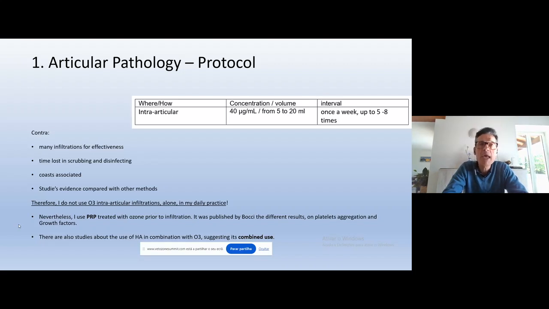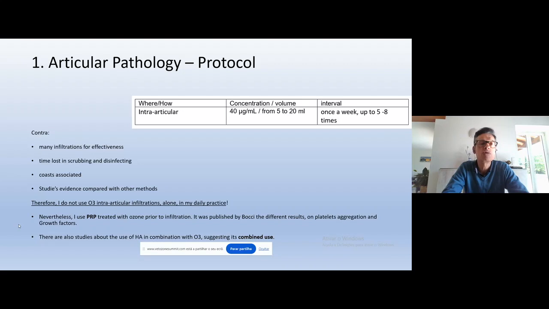Because we need many infiltrations for effectiveness. Here, and I suppose in every country, every time we infiltrate a joint, we make the client sign a declaration, because of the risk of infections. Then there are the costs associated with infiltrating a joint every week.